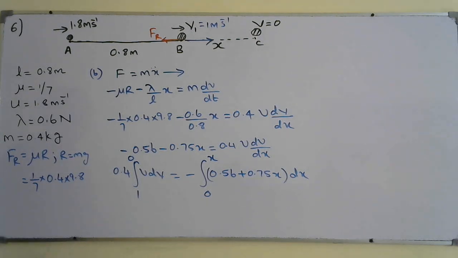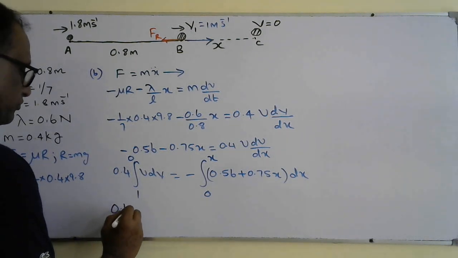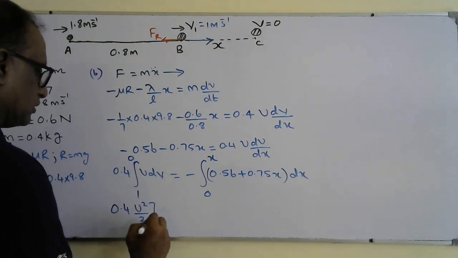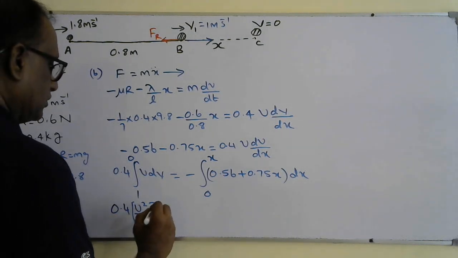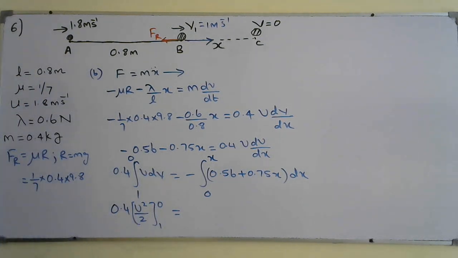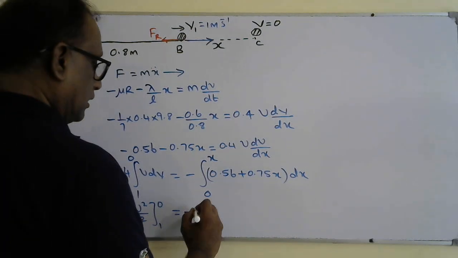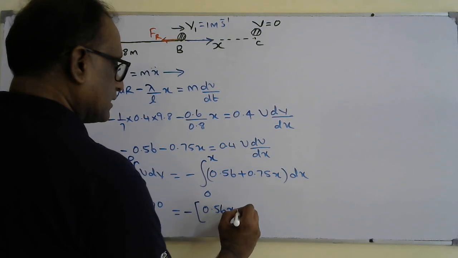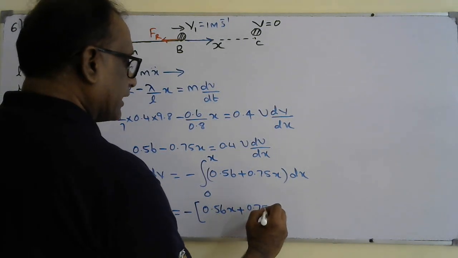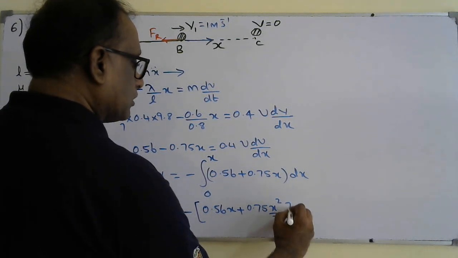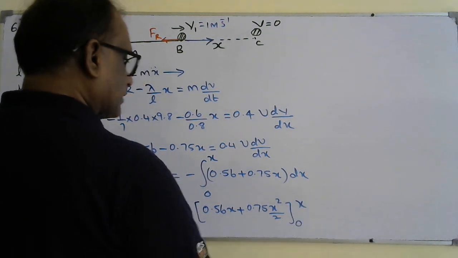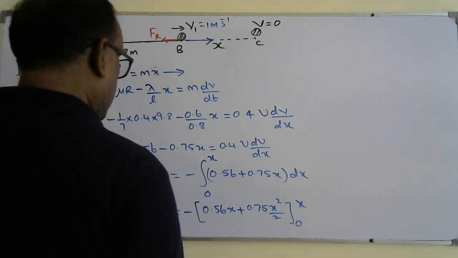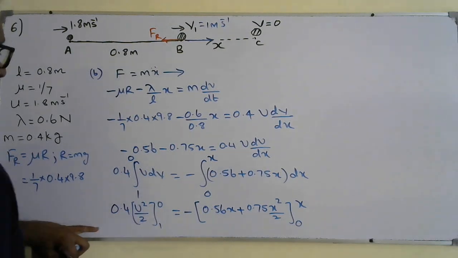Okay, so solve it. So it's going to be 0.4 v squared by 2, limits 1 to 0, is equal to minus 0.56x plus 0.75 x squared by 2, limit 0 to x. Anyway, when you put x, then a minus sign, you can change the limits, whatever it is.